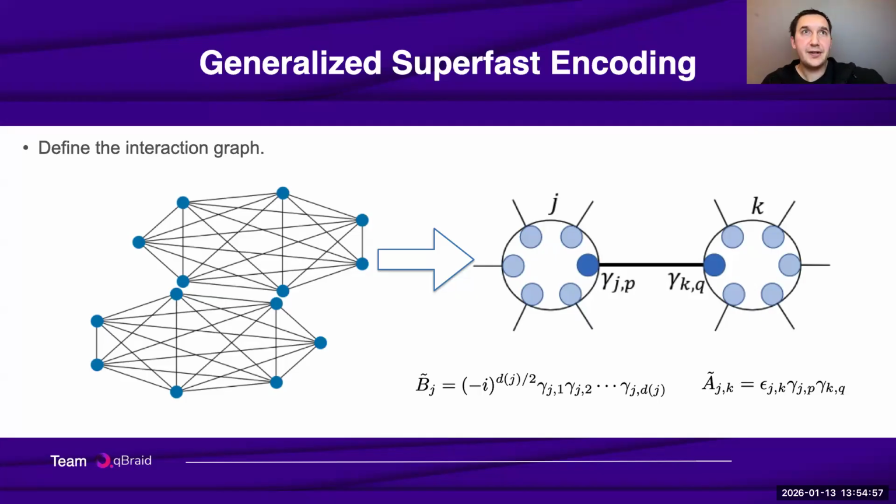For the generalized superfast encoding, instead of placing a qubit on a mode, we place qubits on these lines or edges. Then the vertex and edge operators are defined using local Majoranas, which are defined using these qubits that we placed on these edges.